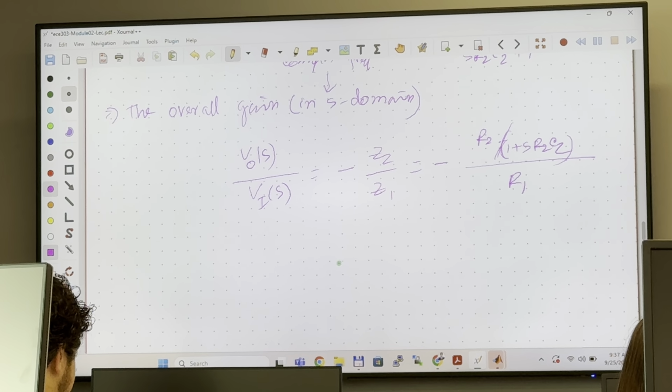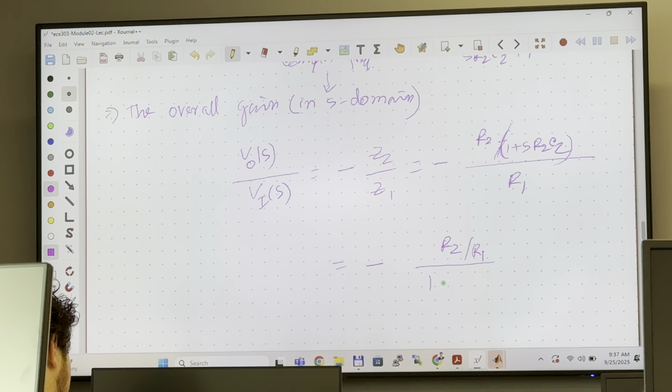So it is going to be negative R2 over R1, over 1 plus S R2 C2.